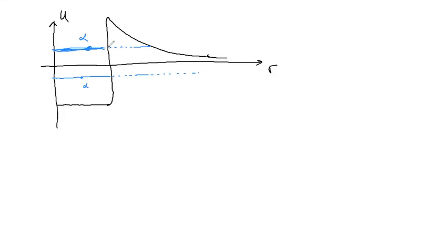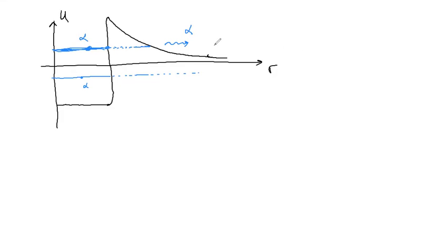But every time you hit this wall, you have a chance to tunnel. And in principle, that's possible. So eventually, this alpha particle will escape because the wave function allows it to go under this potential barrier.